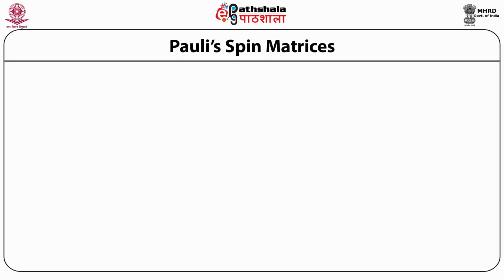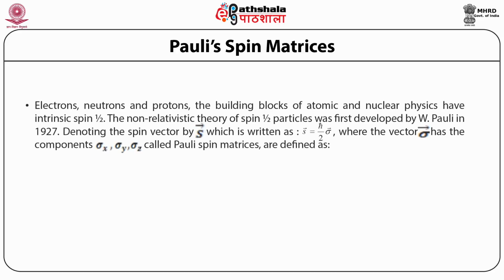Pauli's spin matrices. Now we will discuss another important concept that is very useful in quantum mechanics, which is we'll try to incorporate the spin of the electron or the neutron or the proton into the formalism of quantum mechanics when we are trying to define or discuss any atom.